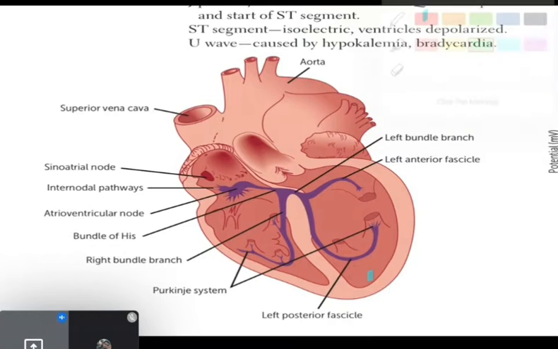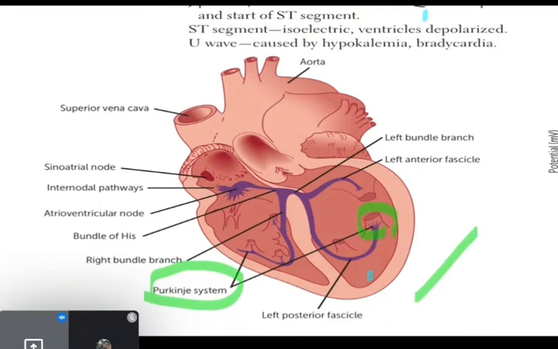As we said earlier, this is the Purkinje fibers, the Purkinje system, and this is a system that can transmit the electrical signal and make the action potential, the same as the myocyte, the phases 0, 1, 2, 3, 4 that we talked about earlier in the beginning of the lecture today.